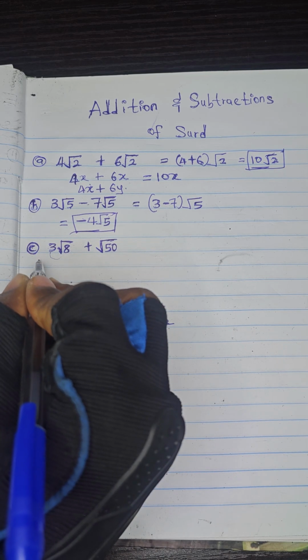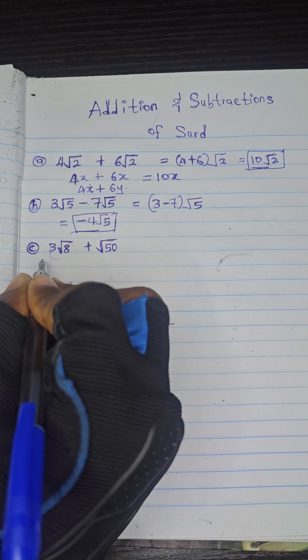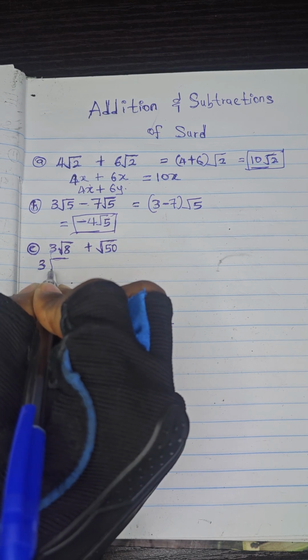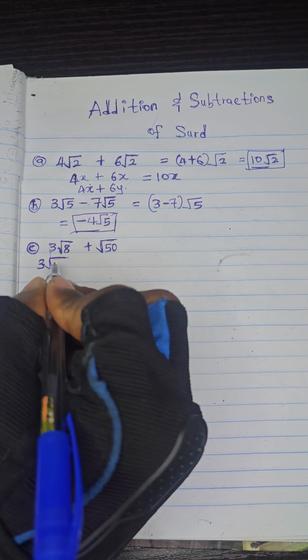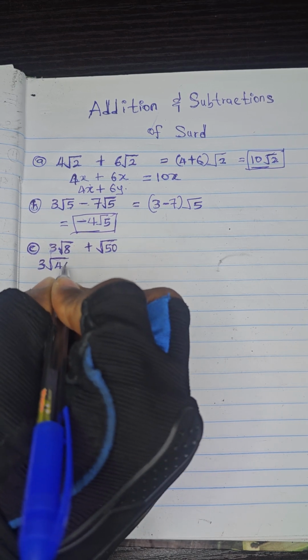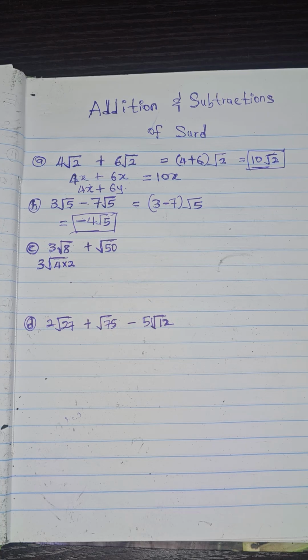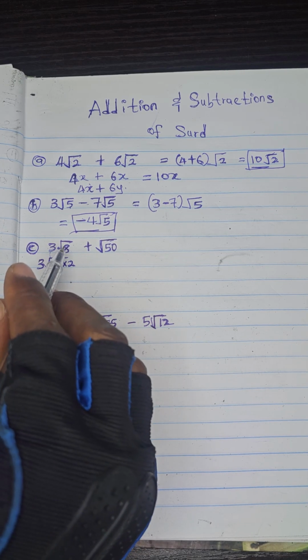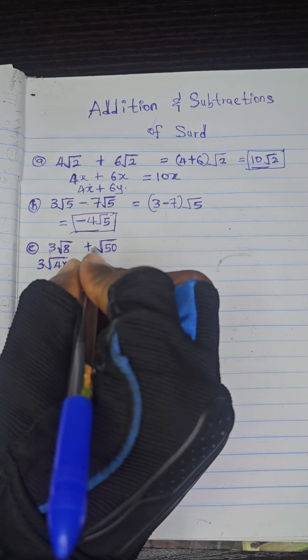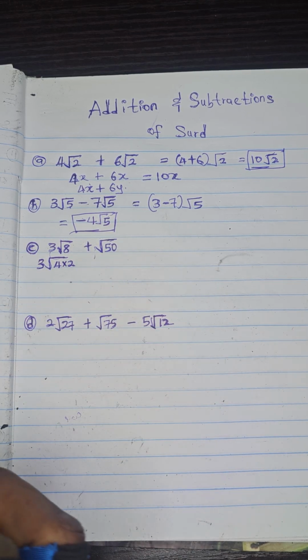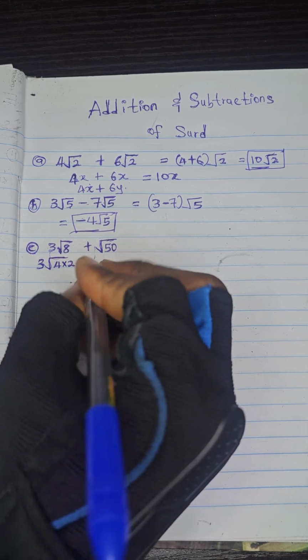In this case, we are going to have 3 square root of 4 times 2. We are trying to simplify this number here. So we are not yet solving this, but we can solve it together. Okay, let me just solve it together.